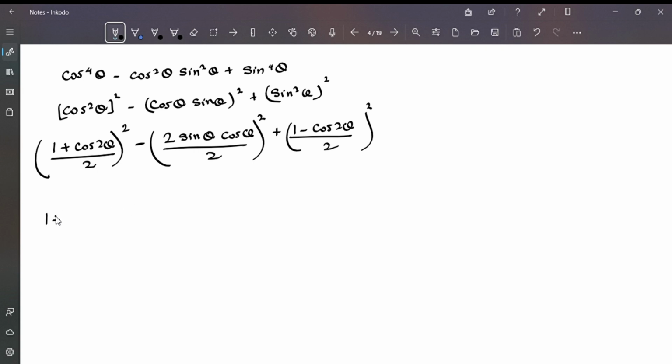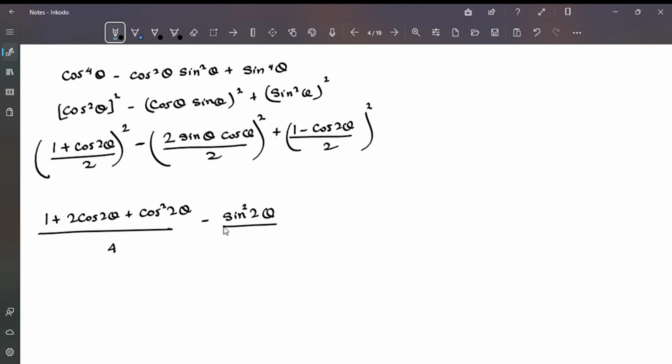Now simplify this. You will have 1 plus 2 cos 2 theta plus cos square 2 theta divided by 4, minus 2 sin theta cos theta is sin 2 theta.